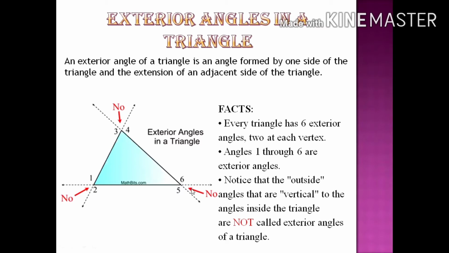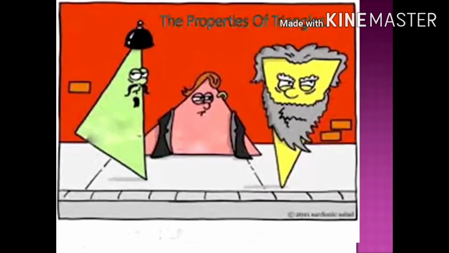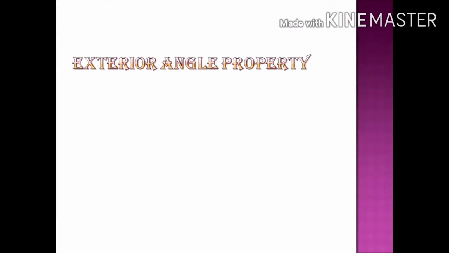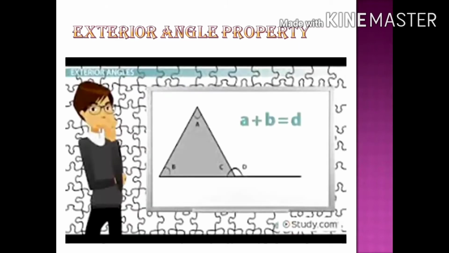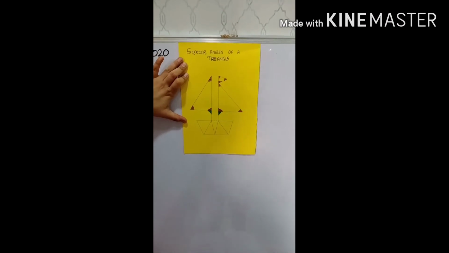Now we are going to learn about various properties of a triangle. In today's lecture, you are going to learn about one single property, that is the exterior angle property. What does it mean? According to the exterior angle property, the exterior angle of a given triangle is equal to the sum of the opposite interior angles. Look at this activity.